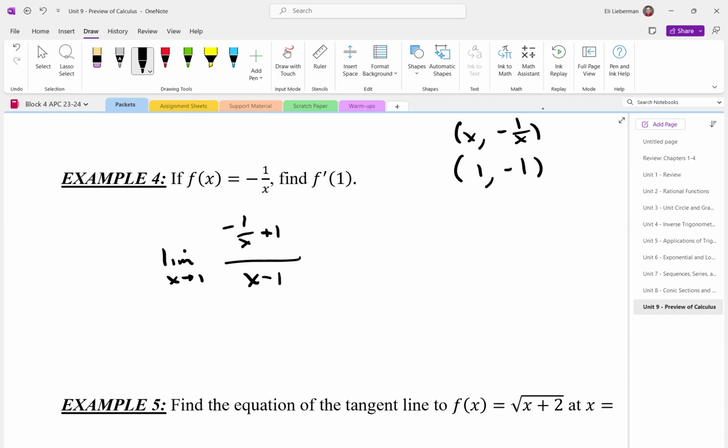Are we good with this? So it leaves a little bit of an algebraic mess, doesn't it? If you put in 1, you get divided by 0, and 0 is on top too. If you plug in 1, you get 0 over 0. Indeterminate, so there's got to be a way out of this.